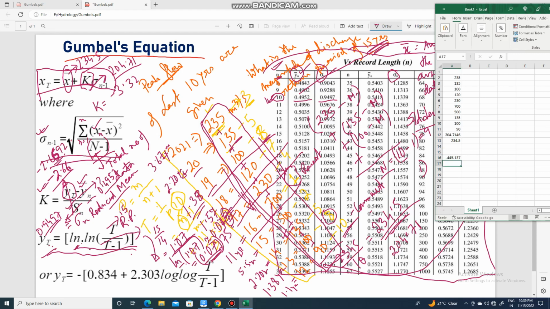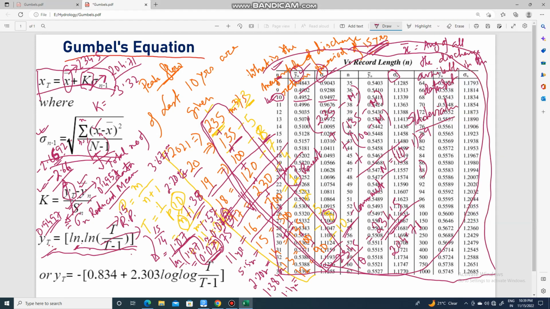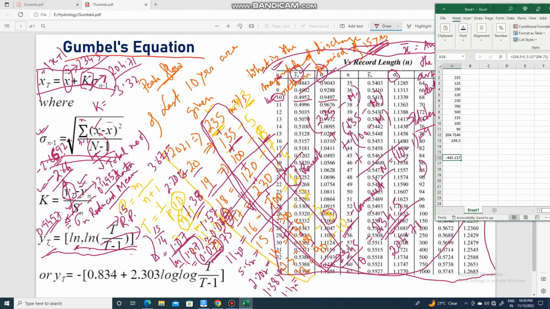And what is the value coming? You see minus 445.137. Now remember, this xt is actually the absolute value of xt, correct? So whatever may be the sign, you will take the numbers only. So here it is minus 445.137.